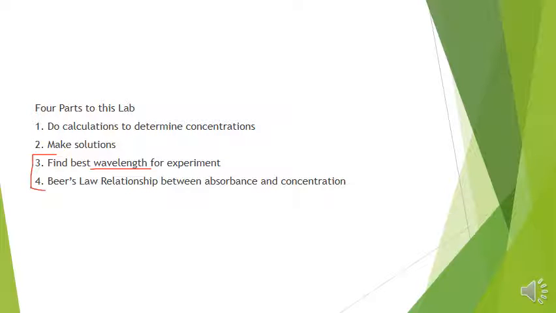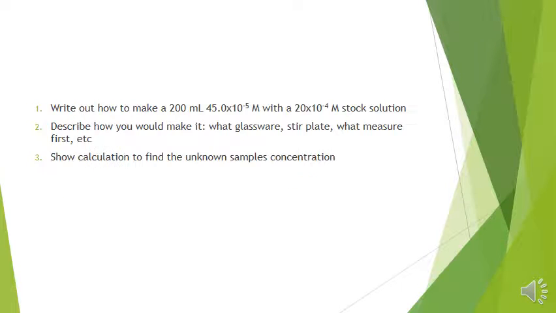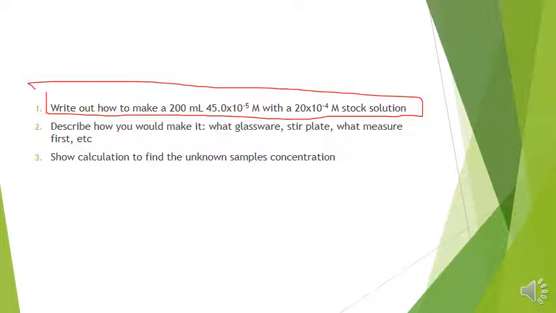Okay, all right. So I'm going to be more specific about what I want from you. What I want you to do is actually write out how you would make a 200 ml solution that has a concentration of 45.0 times 10 to the minus fifth molarity.